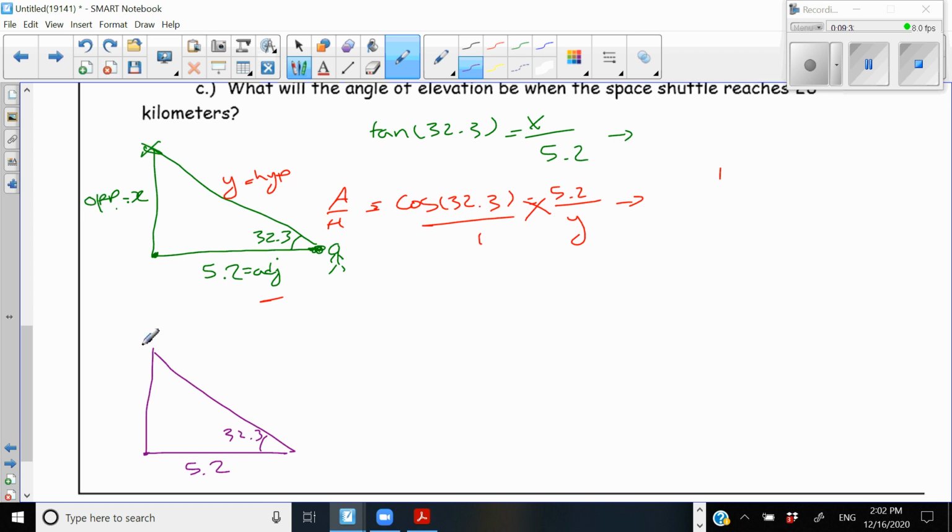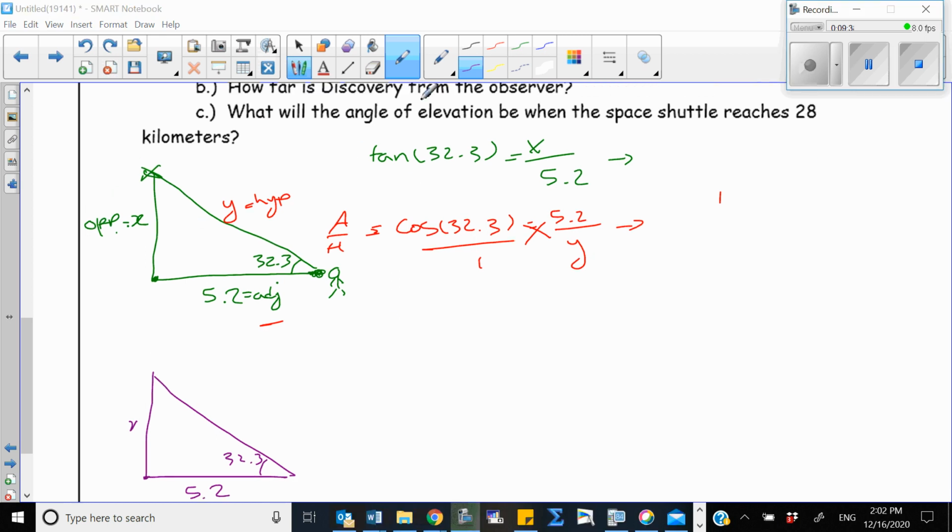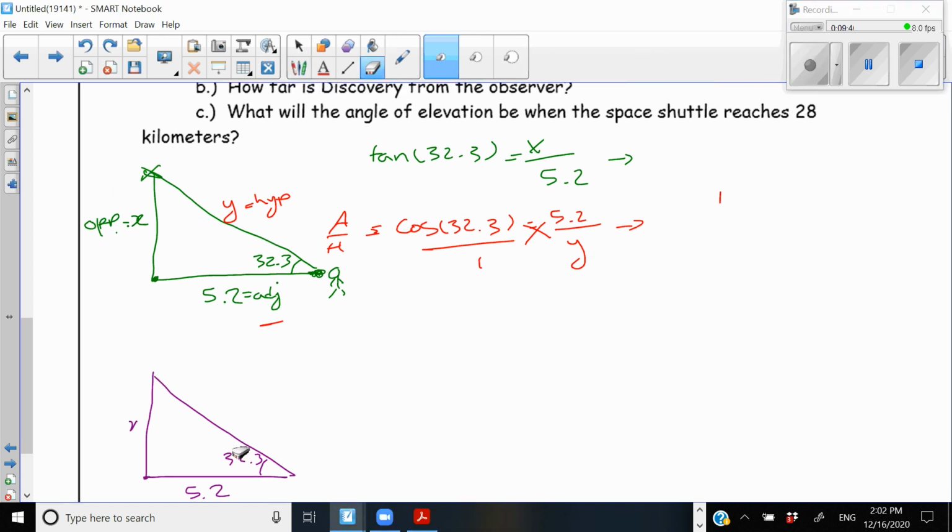And now it's asking, what is this side? I'm sorry. I apologize. I made a mistake. The angle is not 32.3. The angle is what we are looking for. It's asking, what is the angle of elevation? So this is what we are looking for. And then it says, when the space shuttle reaches 28 kilometers, that means this vertical distance is 28 here.